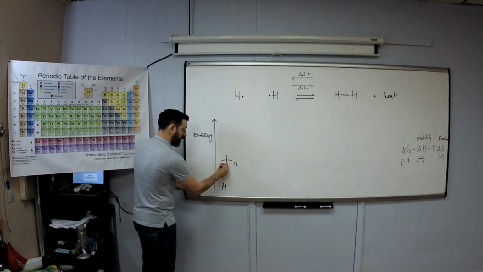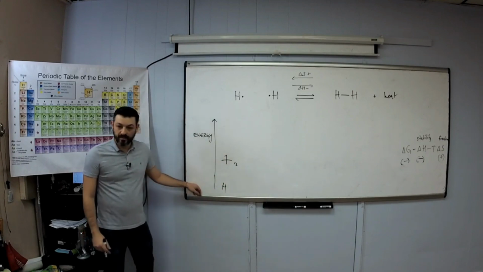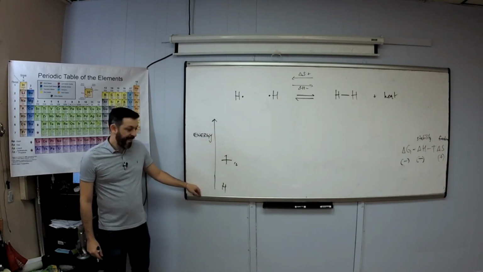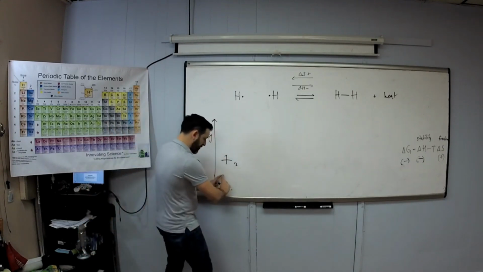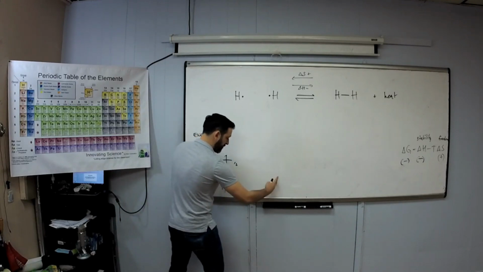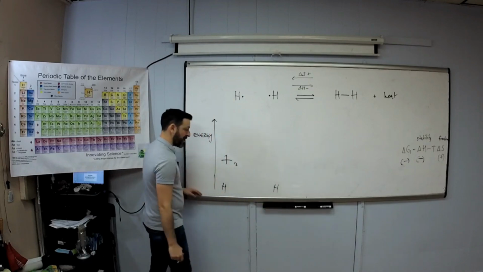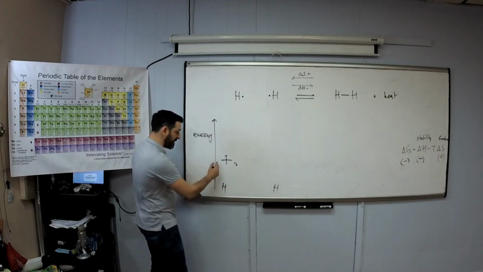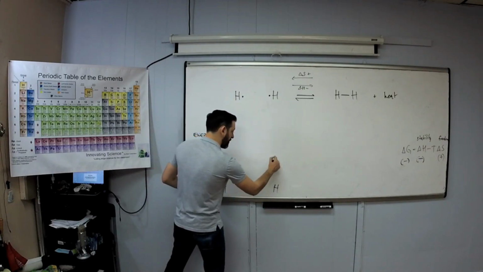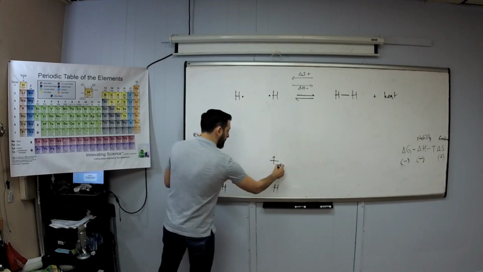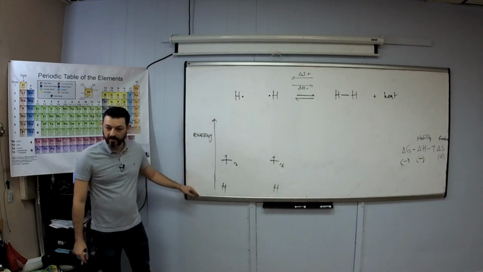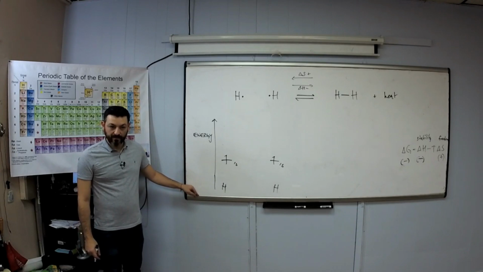And there is one electron in it. Now next to that, give it some distance because we're going to put something in the middle. Some distance away, there's another hydrogen atom. And it's going to be the exact same energy because it's got the same 1s orbital. Do you see that?